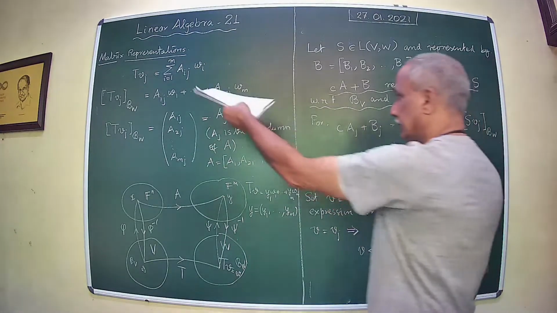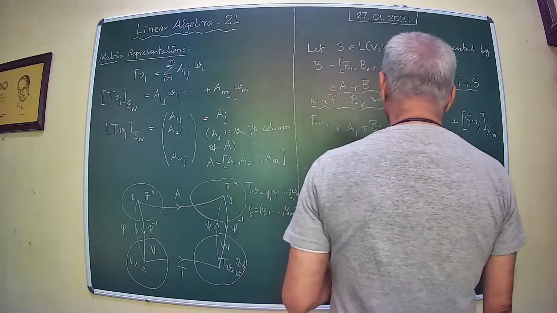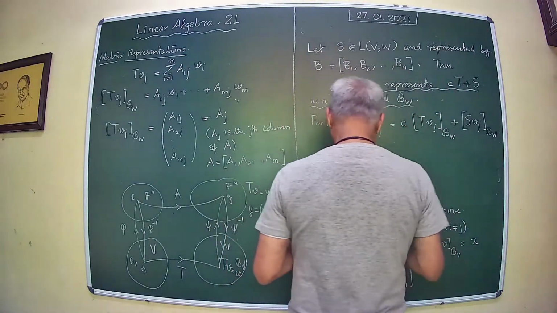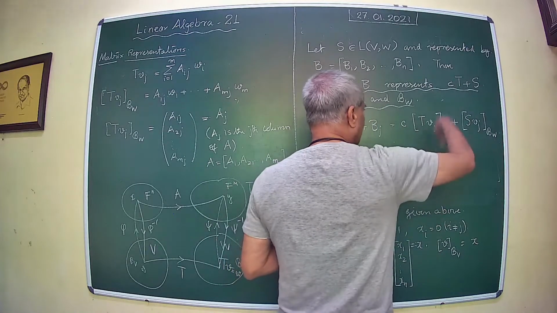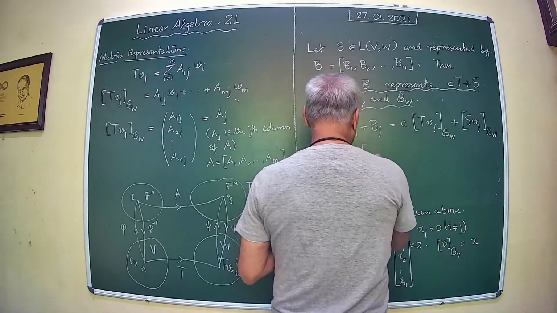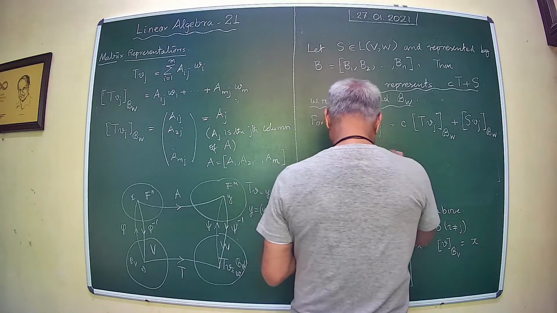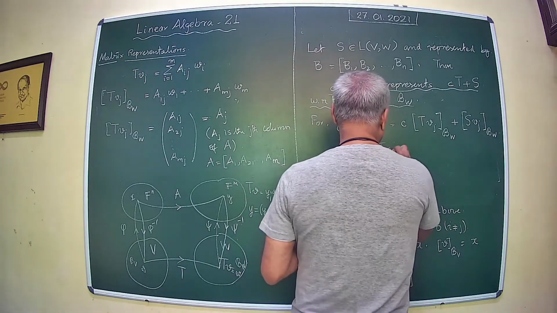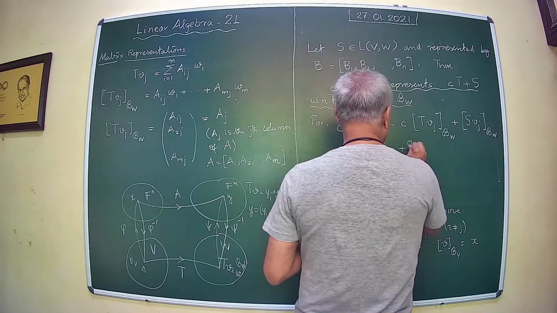So we have made this analysis. Now that is equal to, so these are column vectors. This is equal to cTVj plus SVj.